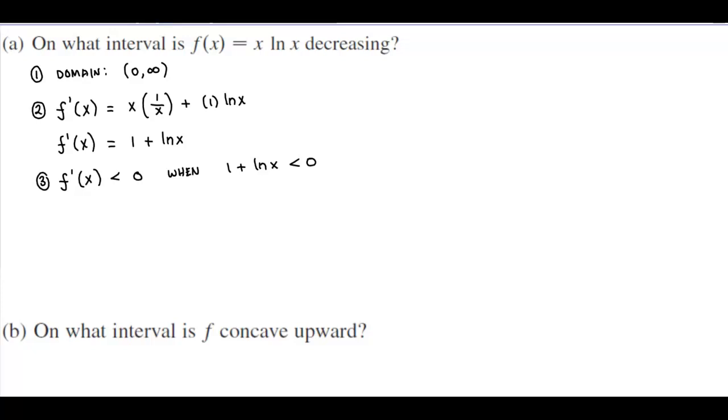So now let's go ahead and solve. Well, if we subtract 1 from both sides, we get the natural log of x is less than -1. Now, if we rewrite this in exponential form, we know that e is the base, so x is going to be less than e to the -1. So this is the same thing as x is less than 1 over e.